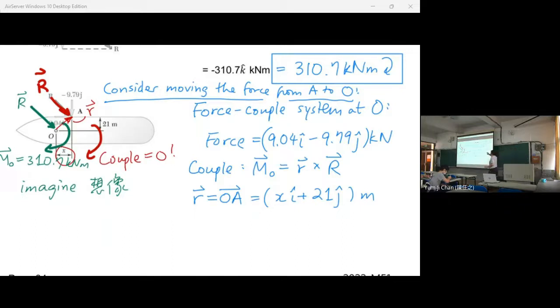Now we move the force couple system from A to O. Of course, we know everything about the force couple system at O, but we don't know where A is. So we have the moment arm OA, and we know the results here.